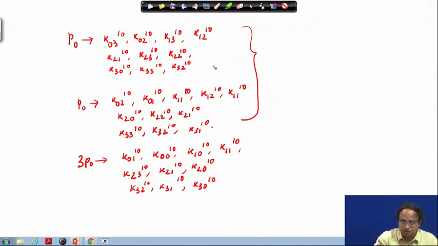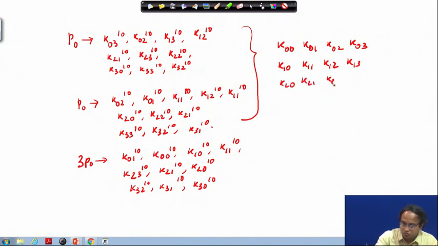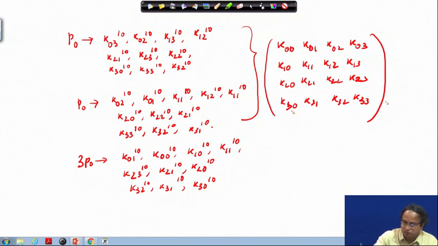That means, if you observe the number of key bytes which are responsible, for example, if I just quickly write down k00, k01, k02, k03, k10, k11, k12, k13, k20, k21, k22, k23 and k30, k31, k32 and k33. So, this is your 10th round key bytes.